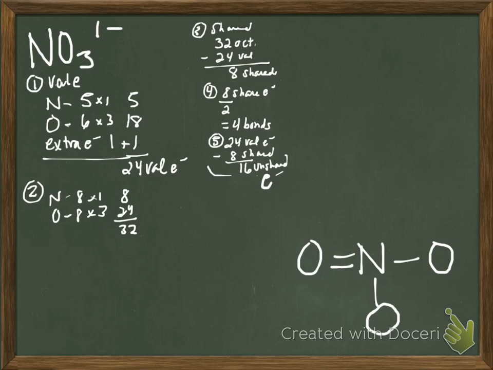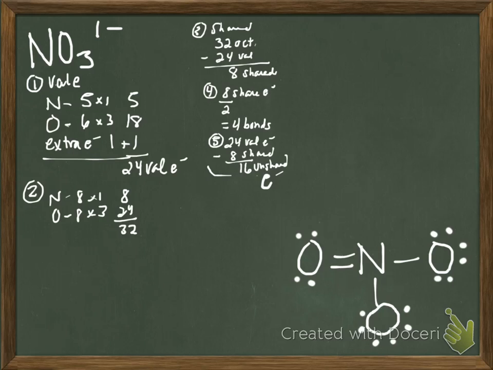Unshared pairs? Going once, going twice? 8. Well, there it is. Are we done?